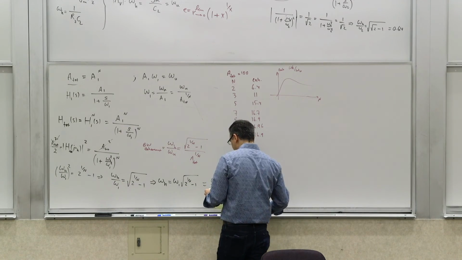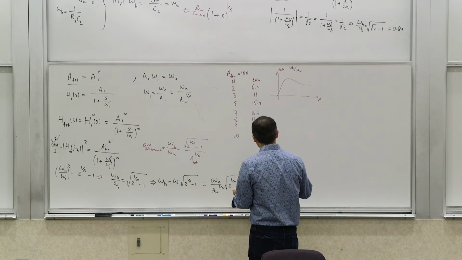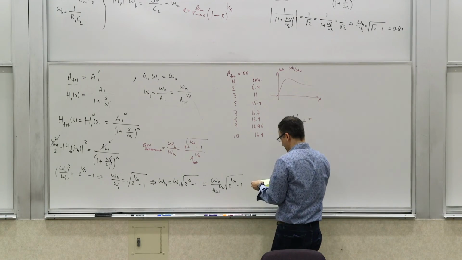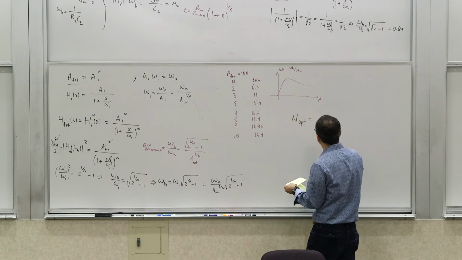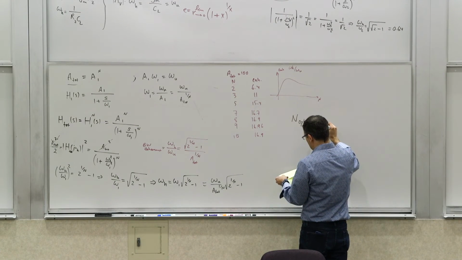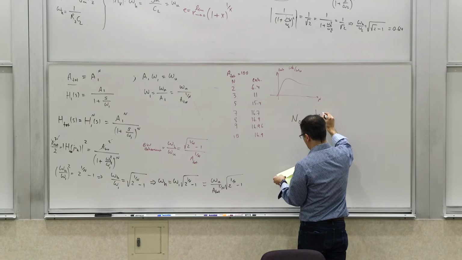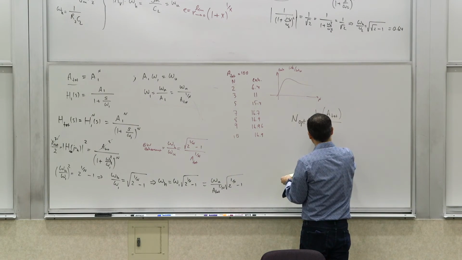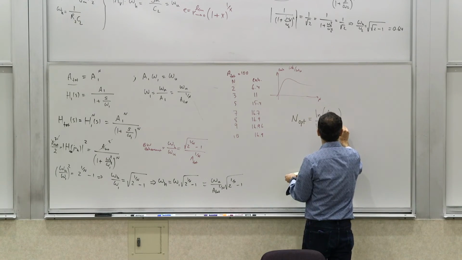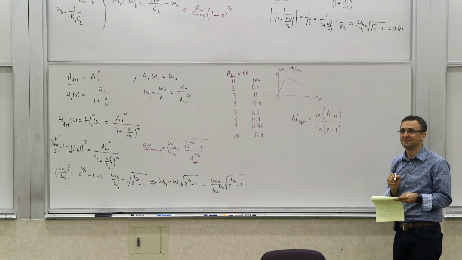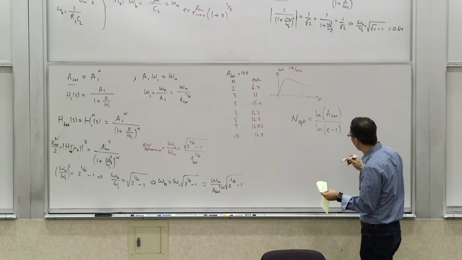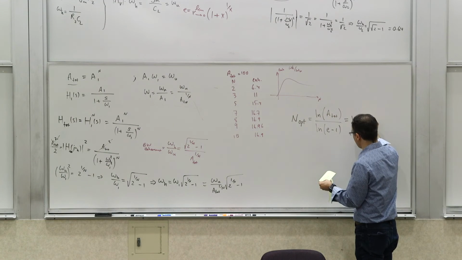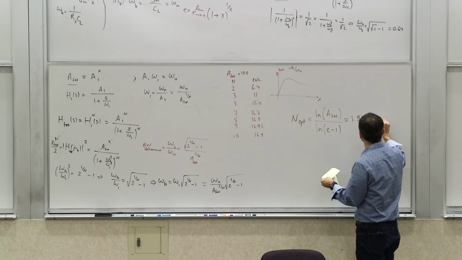The optimum number of stages for a given gain is the natural log of A total divided by the natural log of e minus 1, which you can also write, if you calculate these numbers, as roughly 1.85 times the natural log of A total.